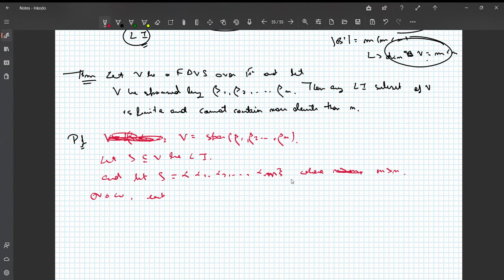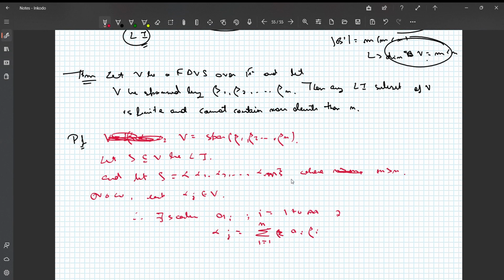Now each alpha j is in V. Therefore, there exist scalars a_ij, where i ranges from 1 to m, such that each alpha j can be written as the summation i equals 1 to m of a_ij beta i.